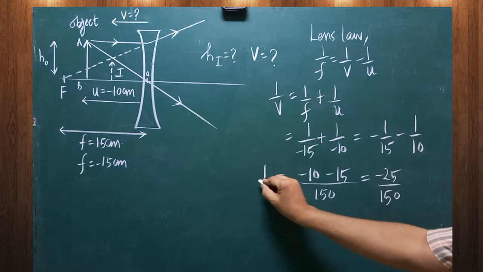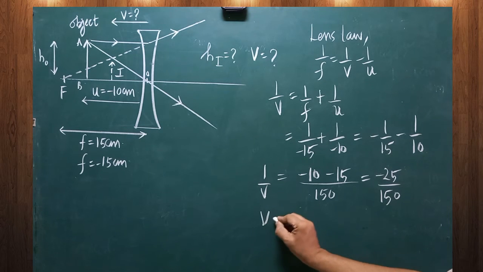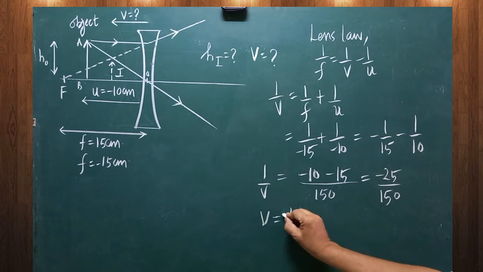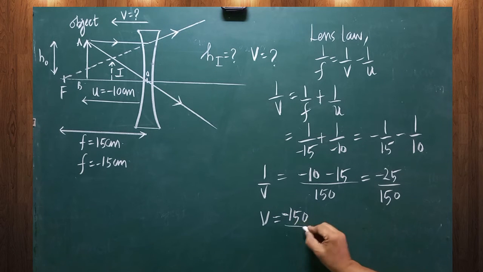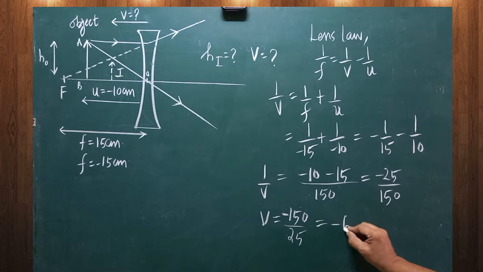So this is the value of 1 by v. But what is required? v is required. So v is equal to, reciprocating this, 150 along with the minus sign divided by 25. So 150 divided by 25 is 6. Therefore minus 6 centimeter is the image distance.